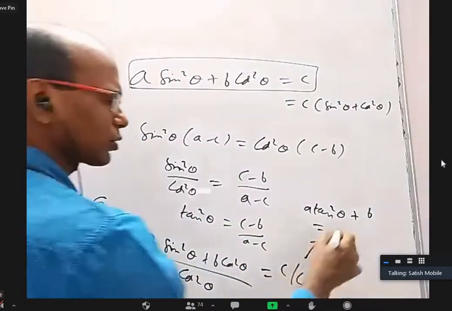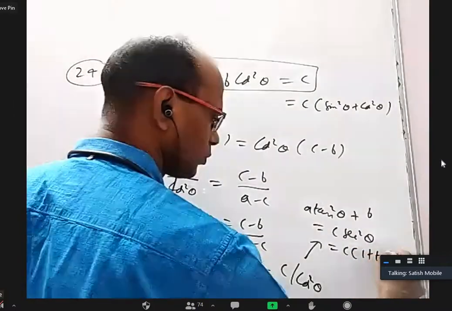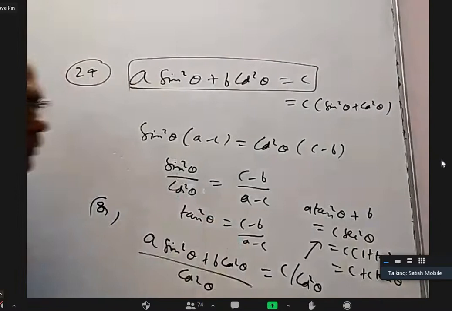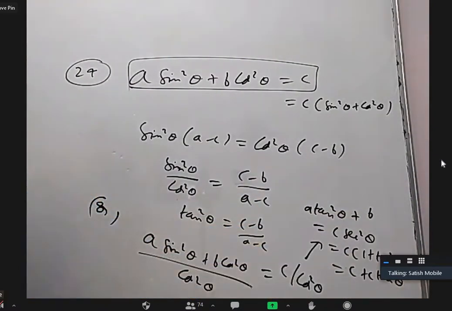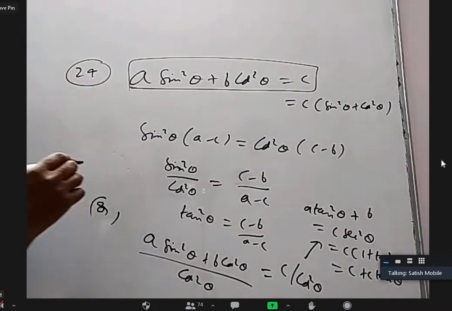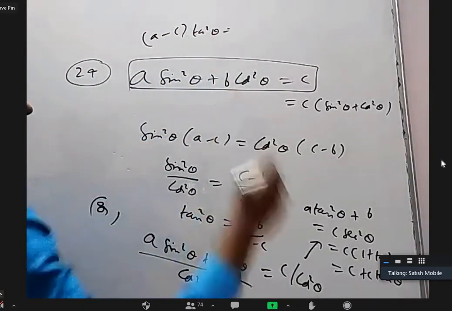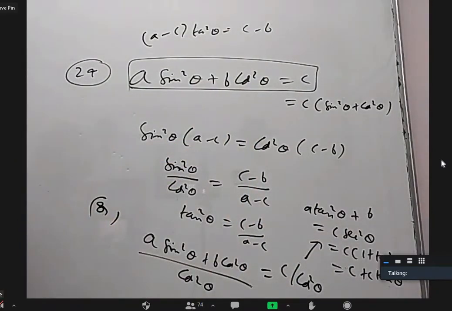This 1 by cos square theta is secant square theta, which I can write as 1 plus tan square theta, and split it: c plus c tan square theta. Wherever tan square theta is there, bring to one side, and these two to the other side. Again, you will get a minus c into tan square theta is equal to c minus b. Divide, we'll get tan square theta. Is it all right? Yes, sir.